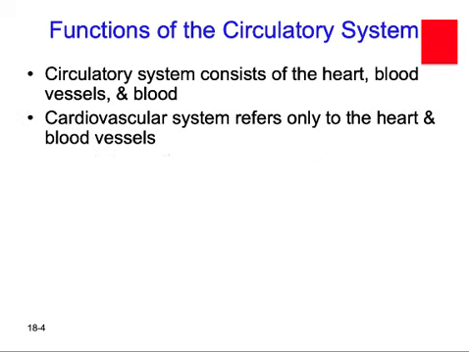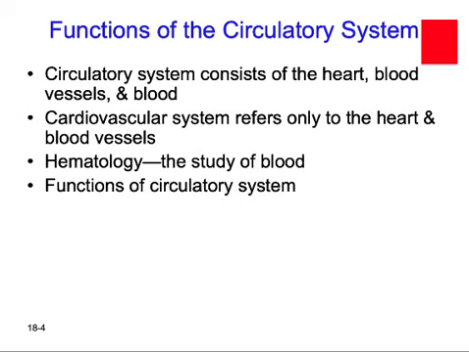It's made of the heart, the blood vessels, and the blood that they carry. The heart is the blood pump. The vessels are the avenues that the blood takes around the body, and the blood, of course, is the liquid connective tissue that is carried around the body by the beating action of the heart.